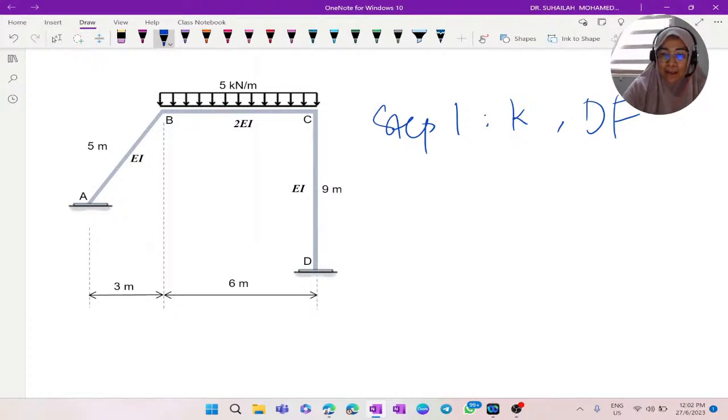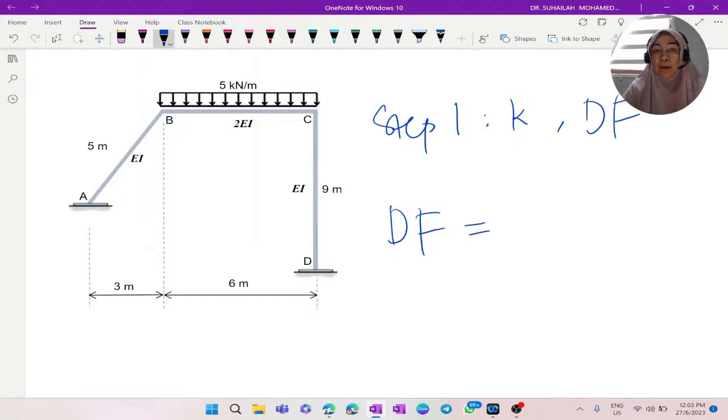The stiffness is K, and to calculate the distribution factor we must understand and calculate the stiffness for the member and the stiffness for the joint, because the distribution factor is very important. We will use the distribution factor to distribute moment in the table. And what is the distribution factor?